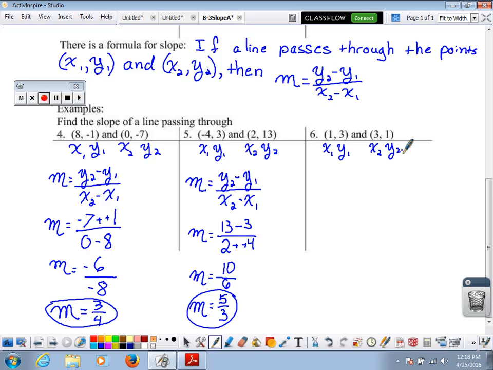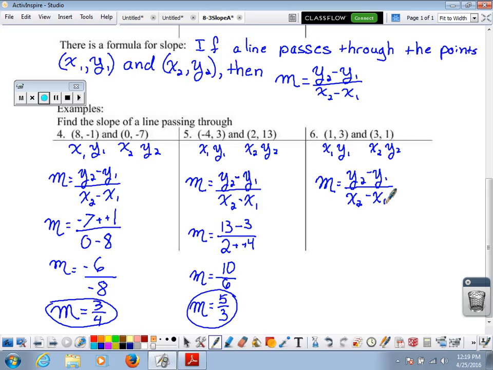Now, we're using a formula. We write the formula down. Michael, what is that formula? Very good. Y2 minus Y1 over X2 minus X1.